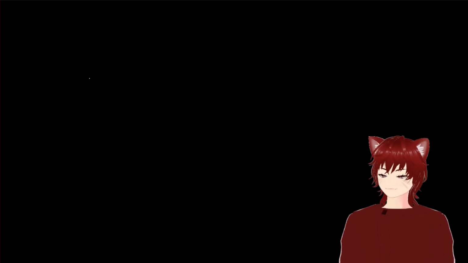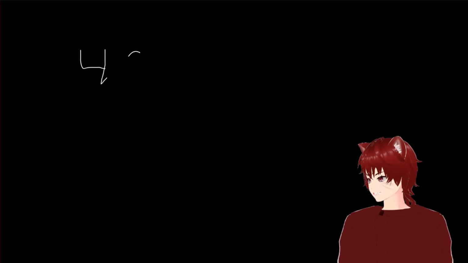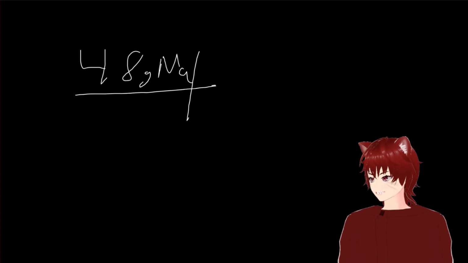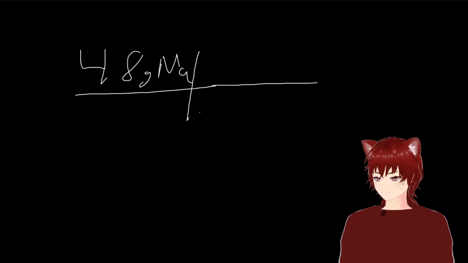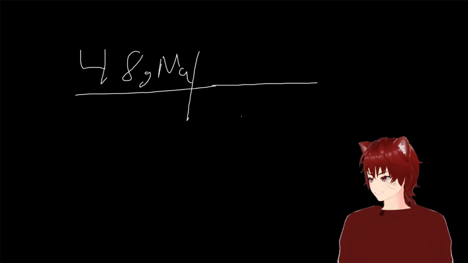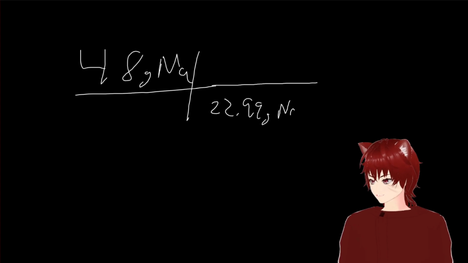We can also do this in reverse by saying, okay, we might have 48 grams of sodium, and I need to get this into moles. So we can say, okay, there are 22.99 grams of sodium per mole of sodium.